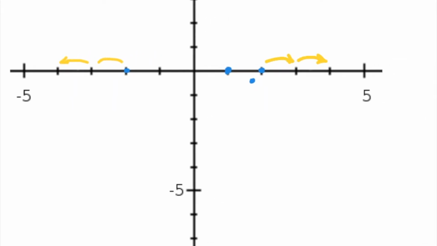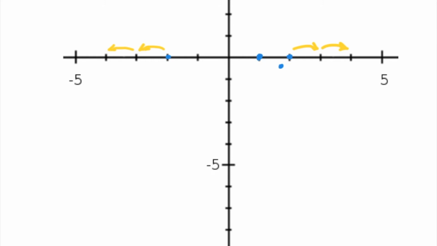The textbooks will tell you 1 time, but sometimes it doesn't work, and then you have to go again. I just step out twice to start with. And so I'm going to test from negative 4 to positive 4. I'm going to use that interval to test for my lower bound and for my upper bound.